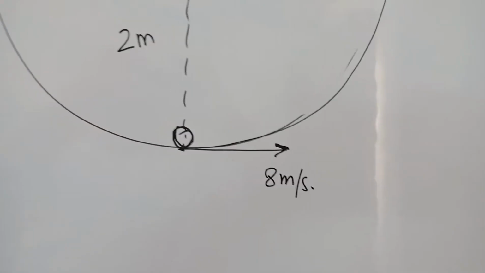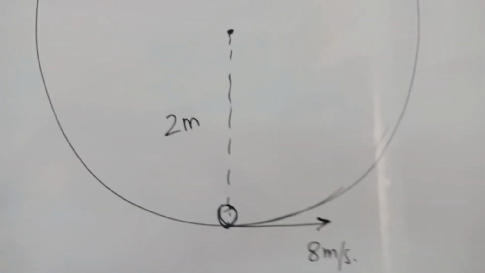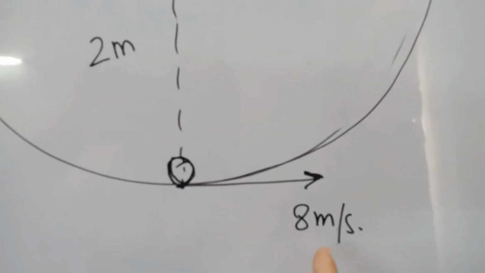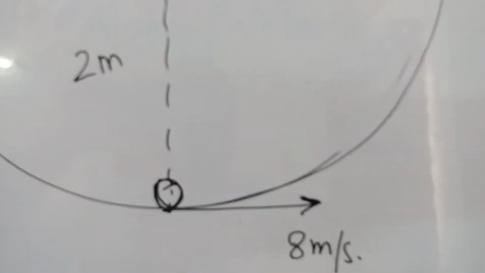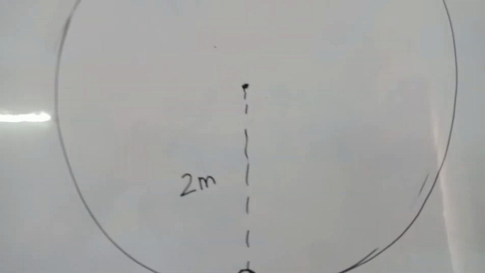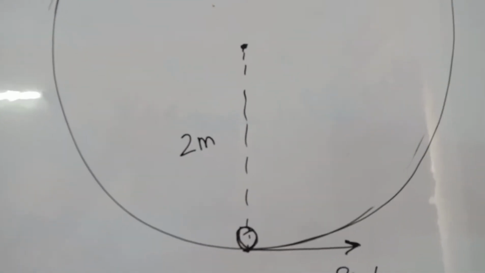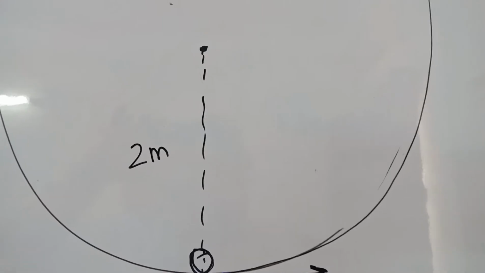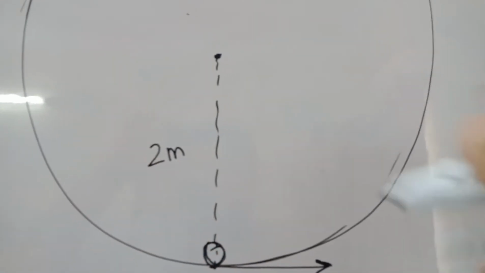Okay, so we are projecting this particle from this point over here, and we're giving this the initial speed of 8 meter per second. So you see that there is a condition under which a particle can complete the vertical circle.